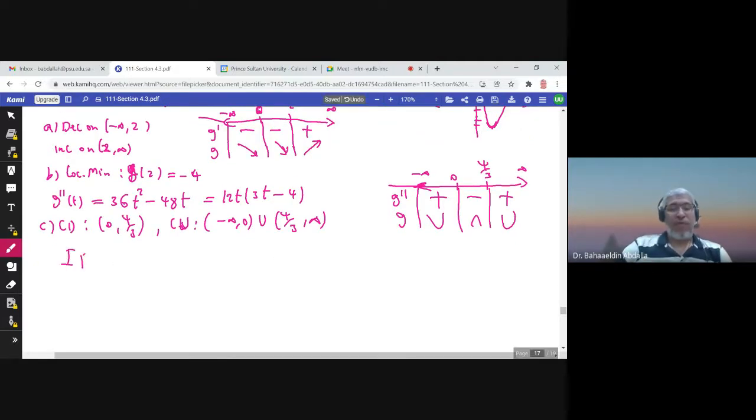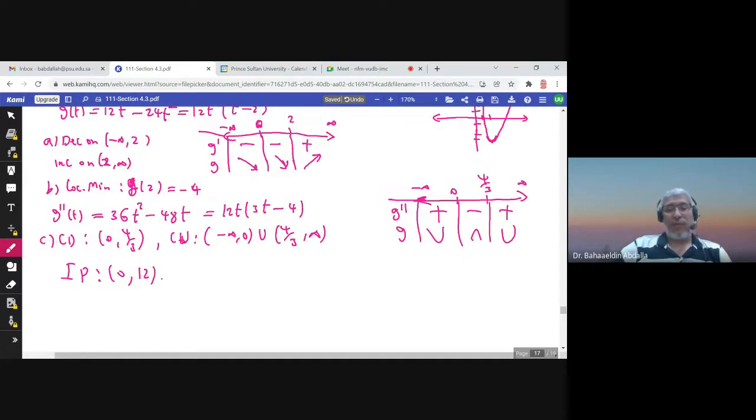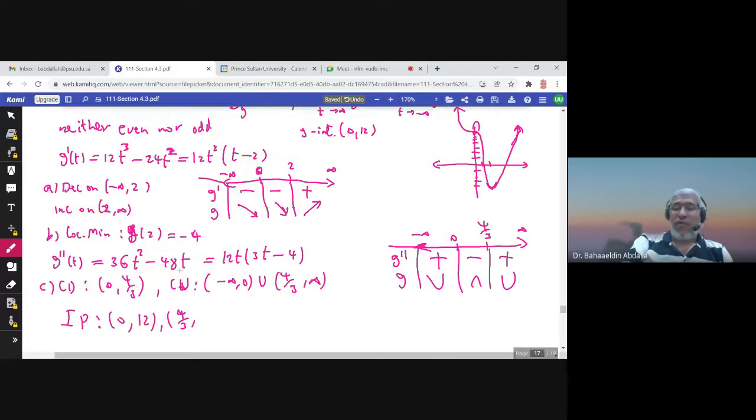And I have two inflection points at (0, 12) and at 4 over 3, and g of 4 over 3.